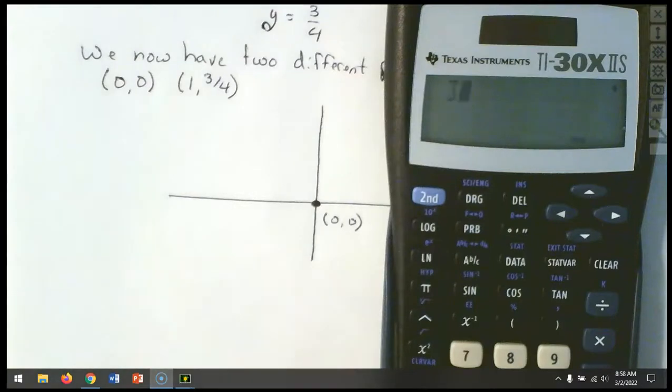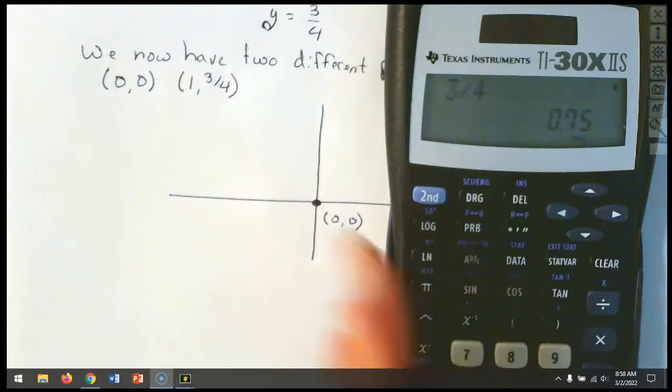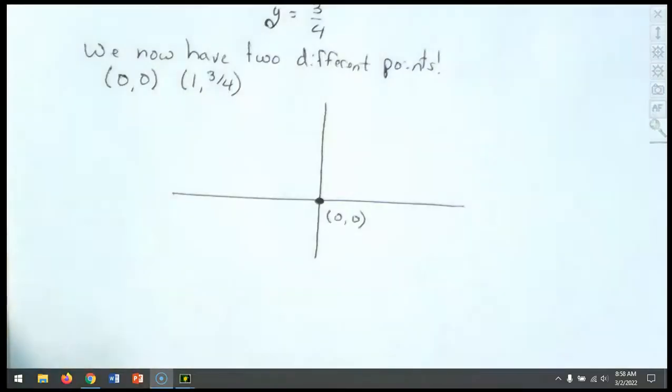So 3/4 as a decimal is 0.75, right? So where is that? Well, that's in between 0 and 1, and it's going to be a little bit closer to what? 1. Okay? So when we graph it, we don't have to be exact. If we wanted an exact graph, we would use a computer. When we graph things by hand, we try to do the best that we can.